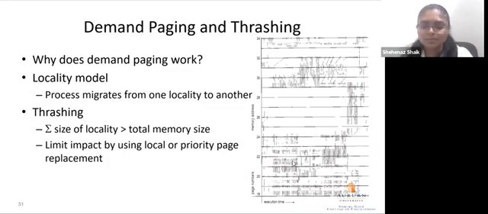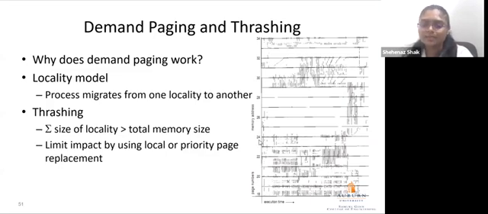Okay, so from this we can see that from here until here, the process is making use of the content in the pages from 18 through 24. So there is a need for the process to have all these different pages from 18 through 24 in memory as part of its execution.